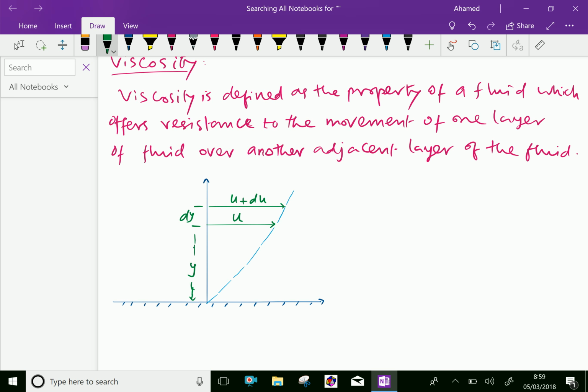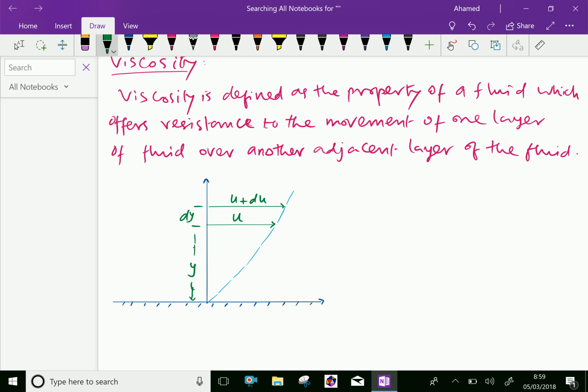Here, two adjacent layers of the fluid cause a shear stress between the two layers of the fluid. Now the top layer causes a shear stress over the bottom layer, as well as the bottom layer causes a shear stress on the top layer, vice versa.